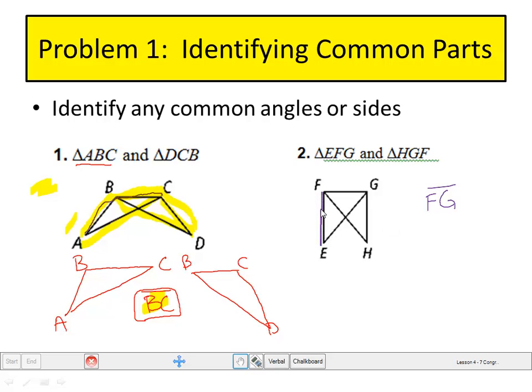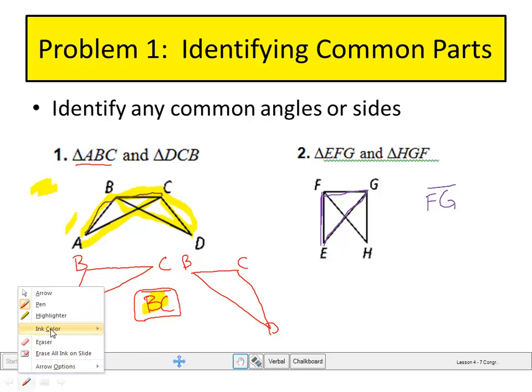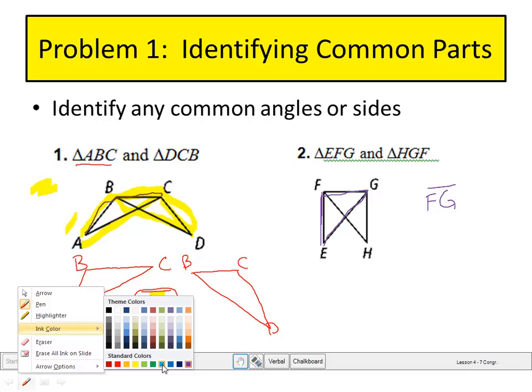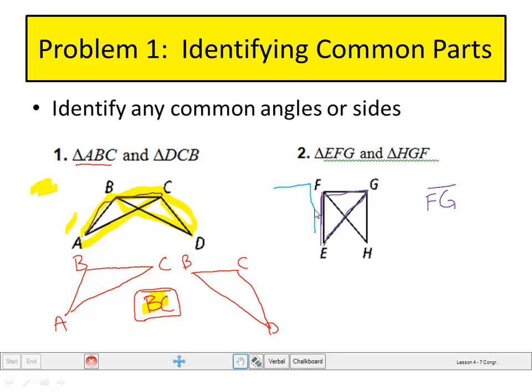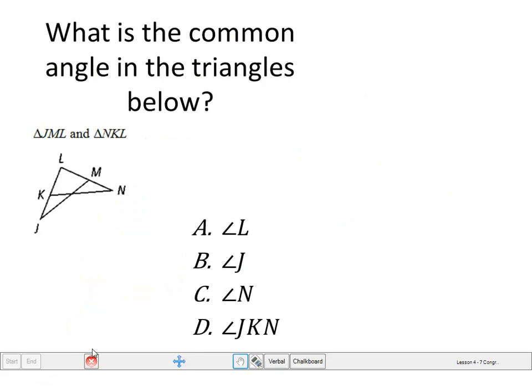So EFG, and HGF. It's really hard to see from back here. Is that all they have in common? Yeah. Okay. Awesome. How are we feeling so far? That's what we like to hear. See if this one's easy.